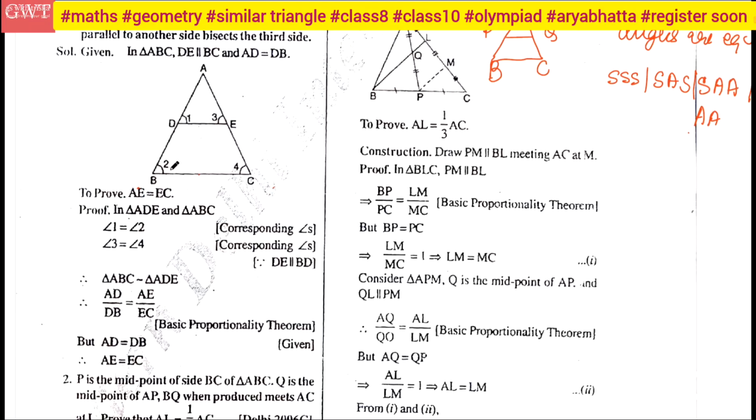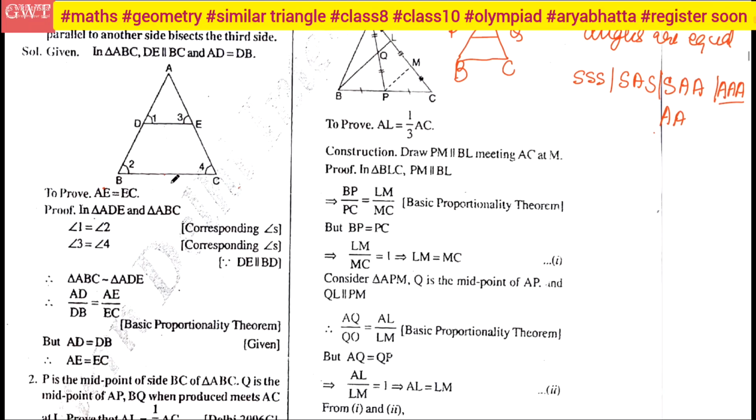We have read several kinds of angles, right? Alternate, corresponding, linear, co-interior, or co-exterior. Many types of angles we have read. So tell me, which kind of angles are angle 1 and angle 2? It's okay, you have to do revision. So angle 1 and angle 2 are corresponding angles, right?